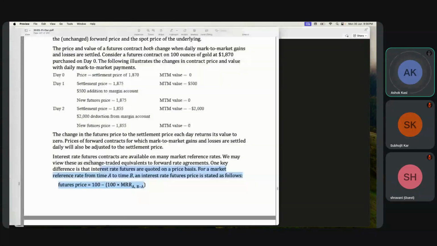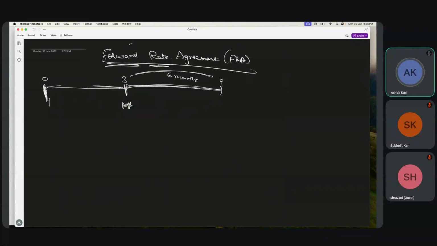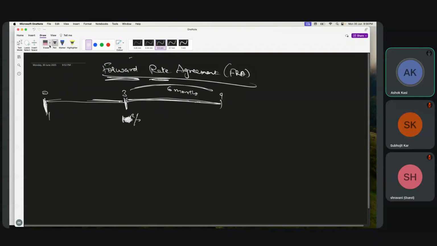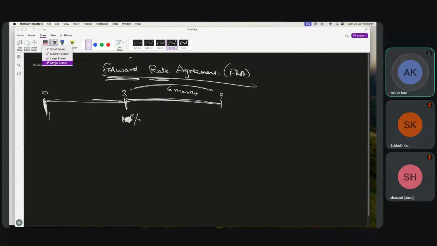Now, what is future price here? Now, because this is over the counter, what is your intention? Why are you entering into this contract? Because you believe that if you lock the rate at 10% now, your prediction is that after 3 months, the 6 months interest rates will become 11% or 12%.